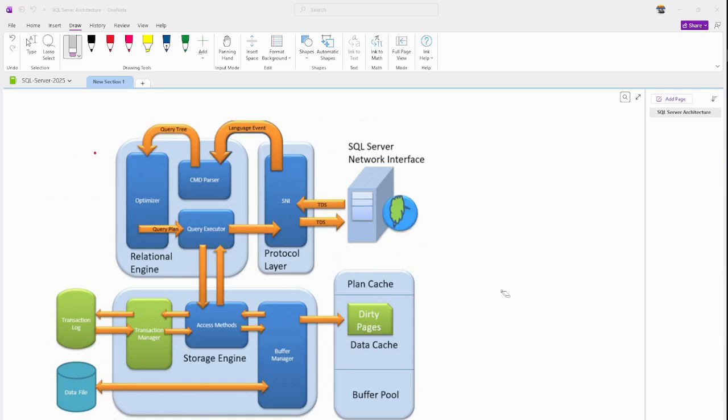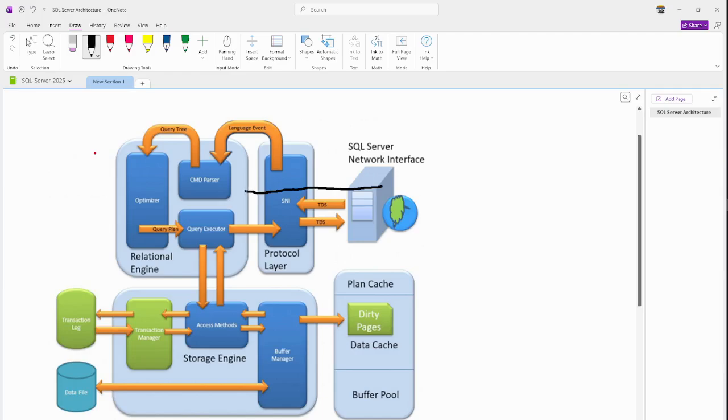Now let's see how the transaction will happen. A generic transaction, how this is going to happen. Let's say a client is going to make a request. So it will request a query. Now it will go to the protocol layer through TDS.